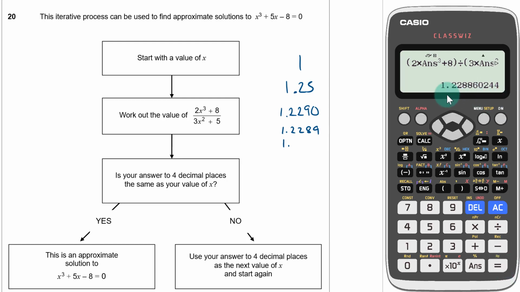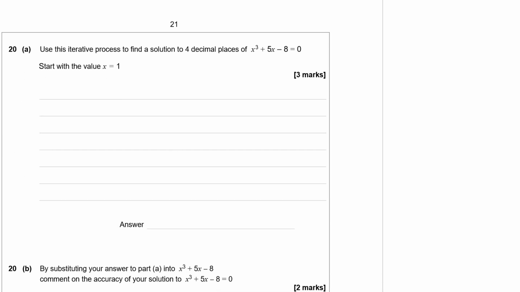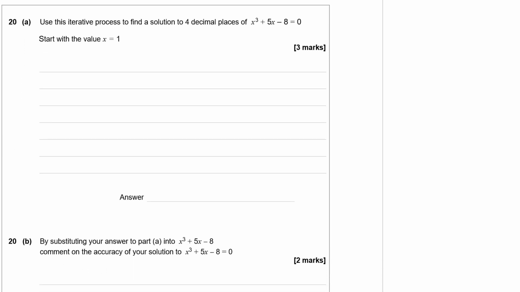And I've got 1.2289 again. So now it is the same. These two were the same on my last go. So I've kind of reached the end point. This is my approximate solution to the equation, 1.2289. So my answer is 1.2289.